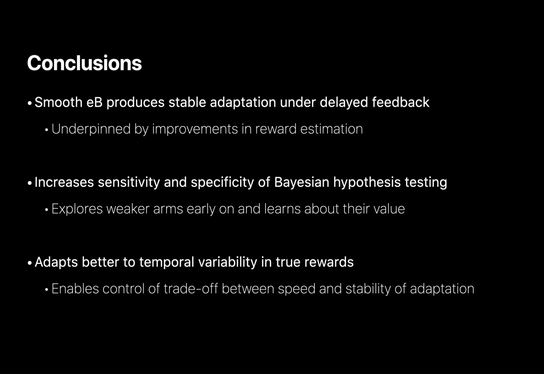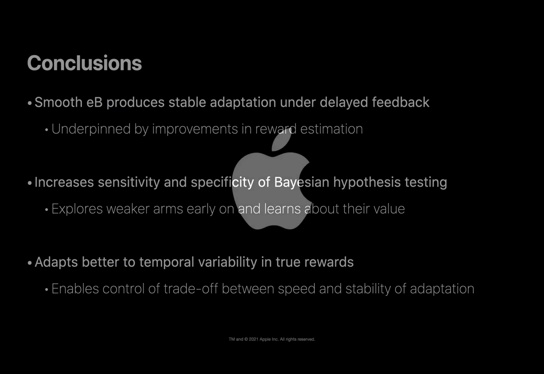As a result, it enables better handling of the temporal variability in true rewards, which is much more realistic, because in almost any real world scenario, one can't assume stationarity to persist for very long. And hence it enables us to balance the stability versus speed of adaptation, because that control enables us to build systems that help the humans who use them to use them better. That's it. Thank you very much for your time.